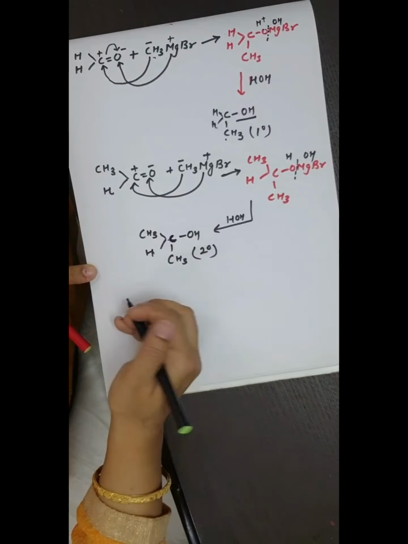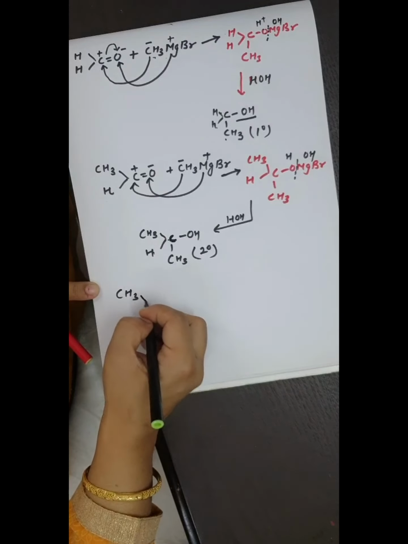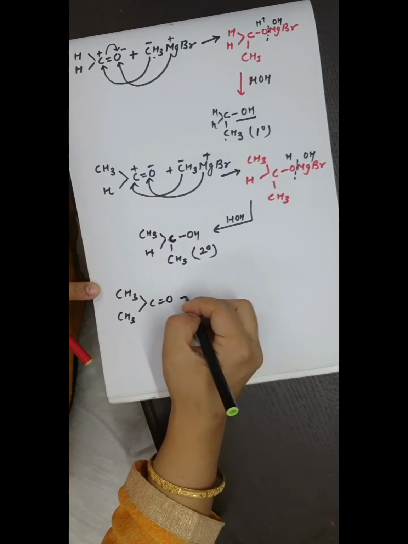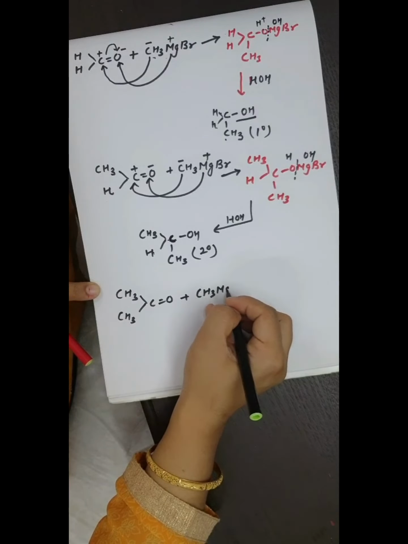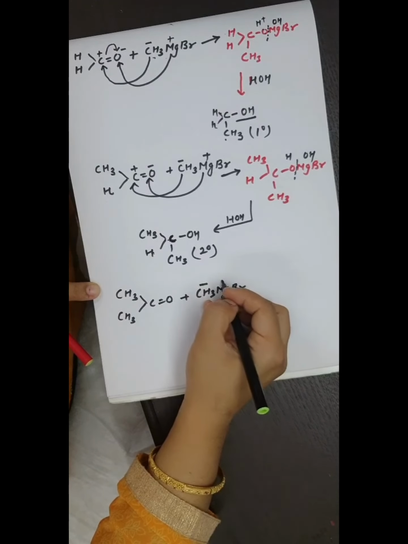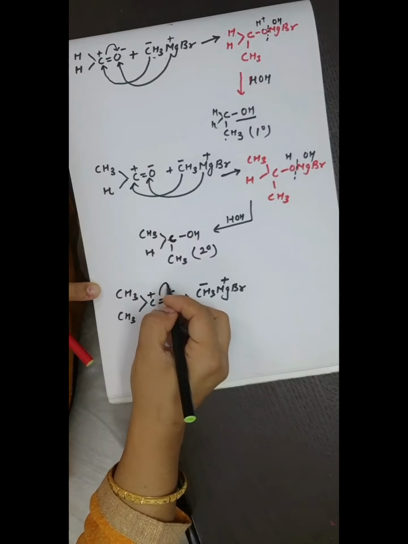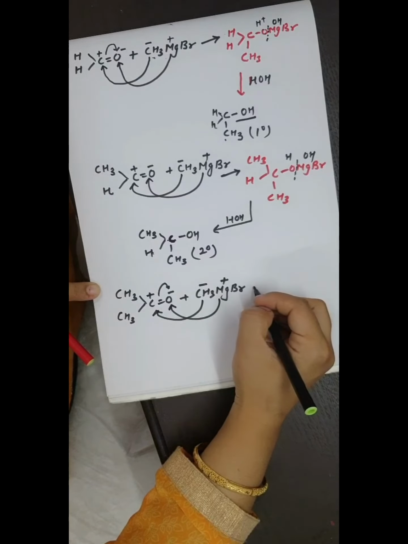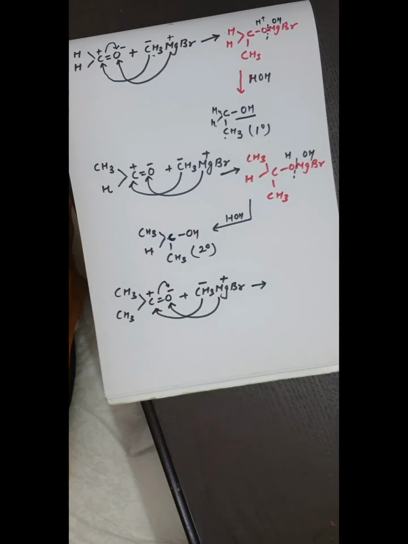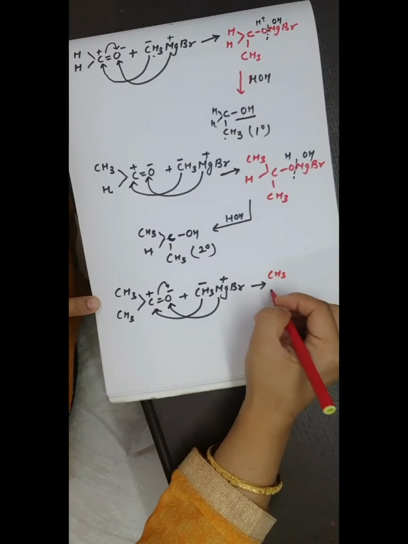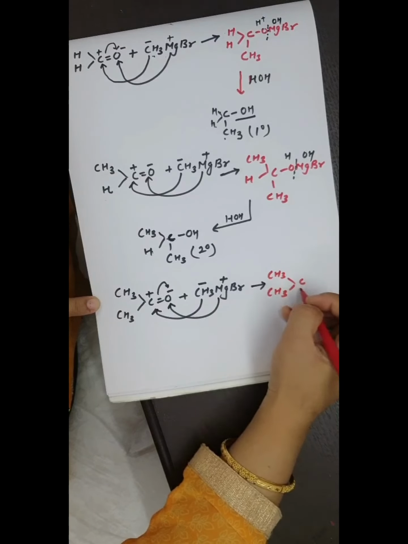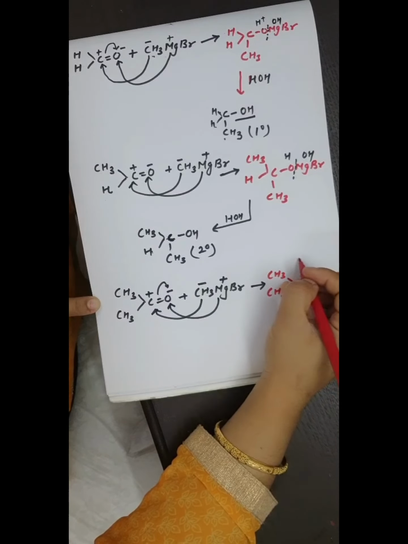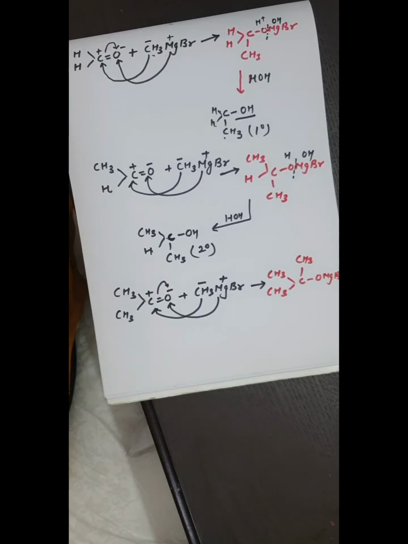Now come to the tertiary. So consider any ketone, consider acetone, propanone, reacting with the methyl magnesium bromide, same mechanism, negative, positive, positive, negative, nucleophile will attack this carbon and magnesium will attack that oxygen, form an intermediate structure, CH3COMgBr and CH3, followed by hydrolysis.